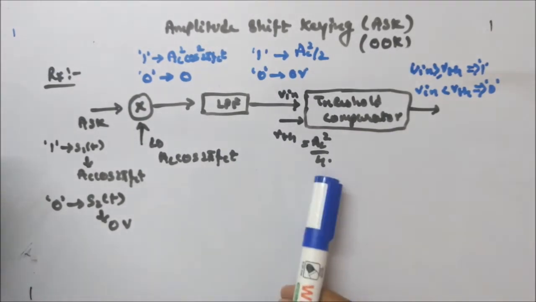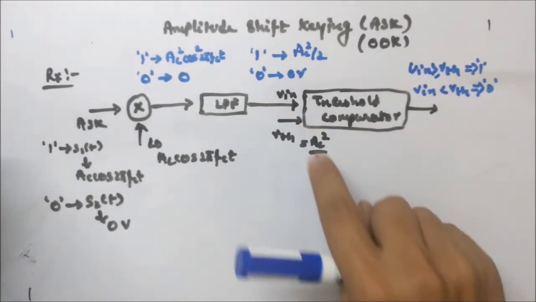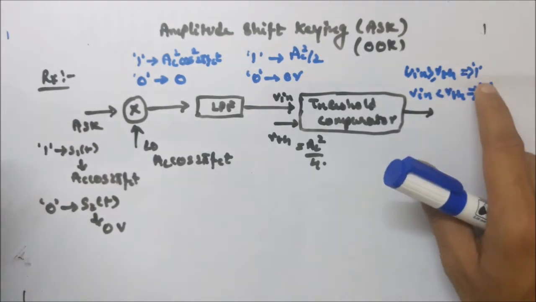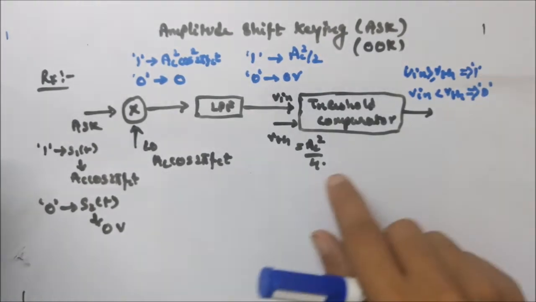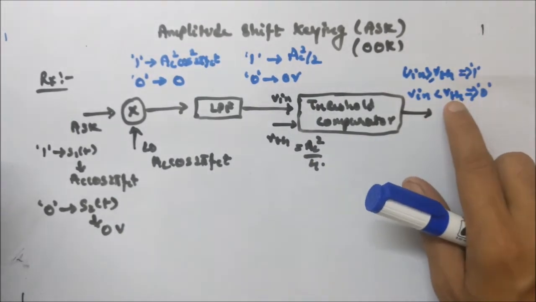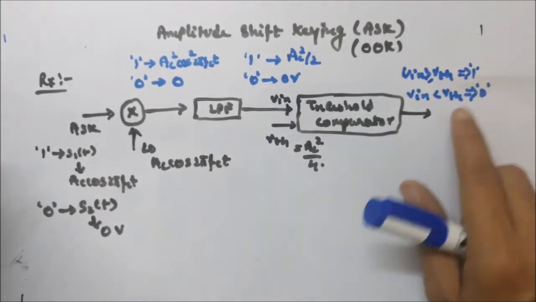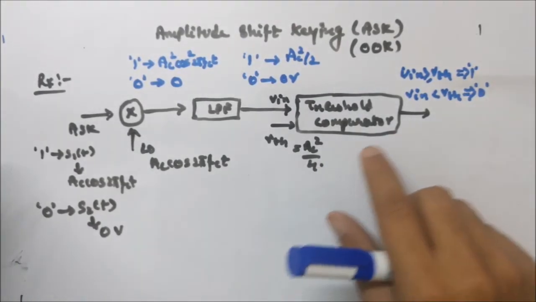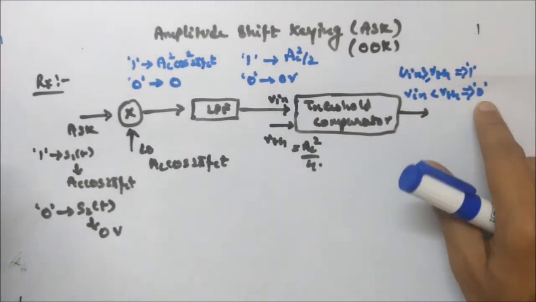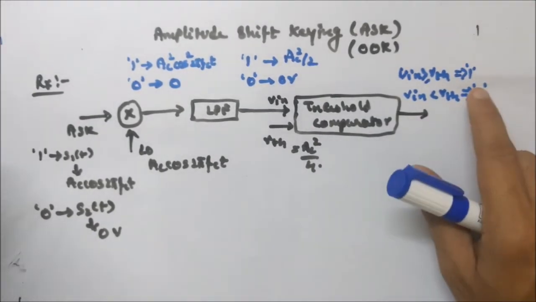So this will be the threshold value with which Vin will be compared. Now at the output, if the input voltage is greater than or equal to VTH, it is considered bit 1, and if your input voltage is less than VTH, you will have bit 0.